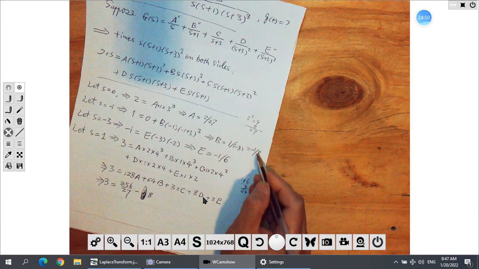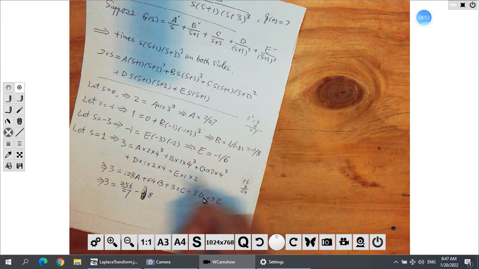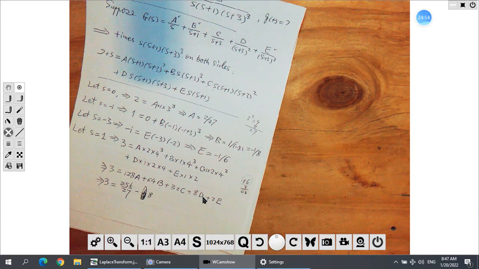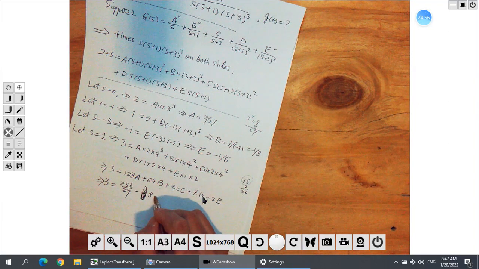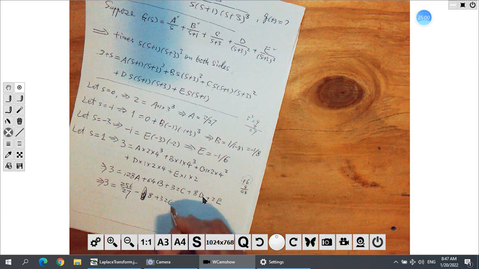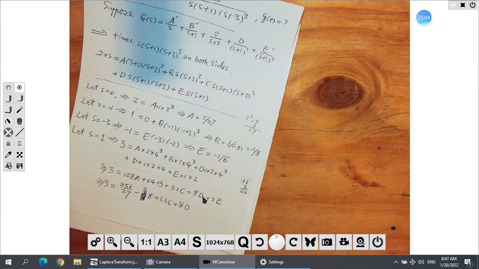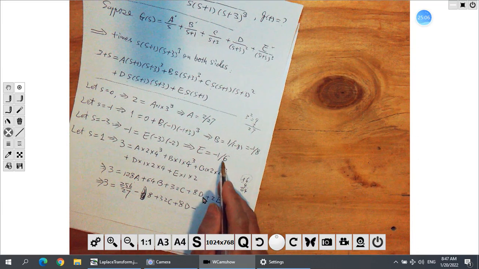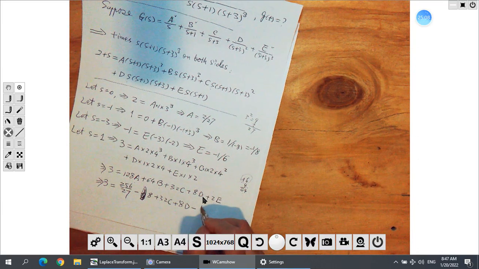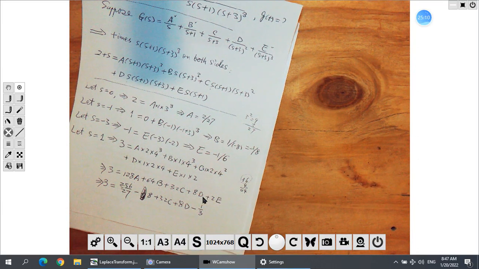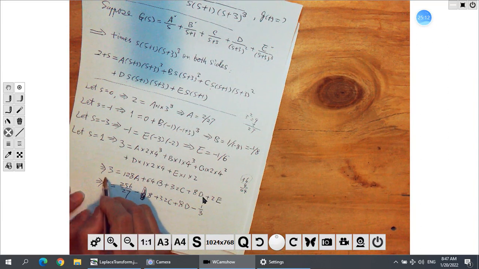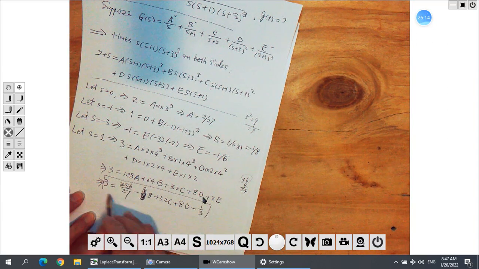Negative 8. And plus c, we don't know what is c. And the d, we don't know what is d. And 2e, e is negative, times 2, I get negative 1 over 3. Okay, we have one equation which contains c and d.